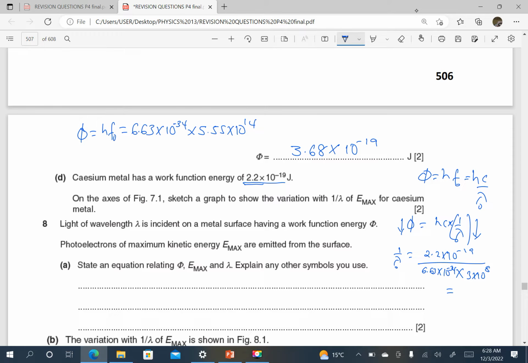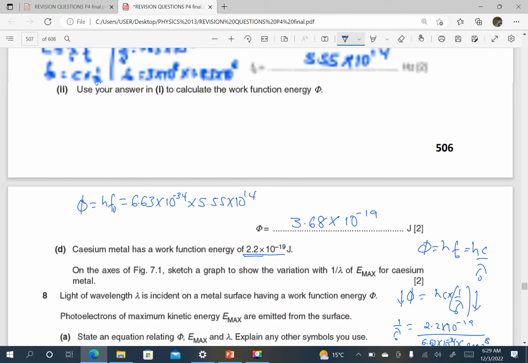So what is 1 over lambda naught? Let me check my calculator. So this is going to be approximately 1.1 times 10 power 6.